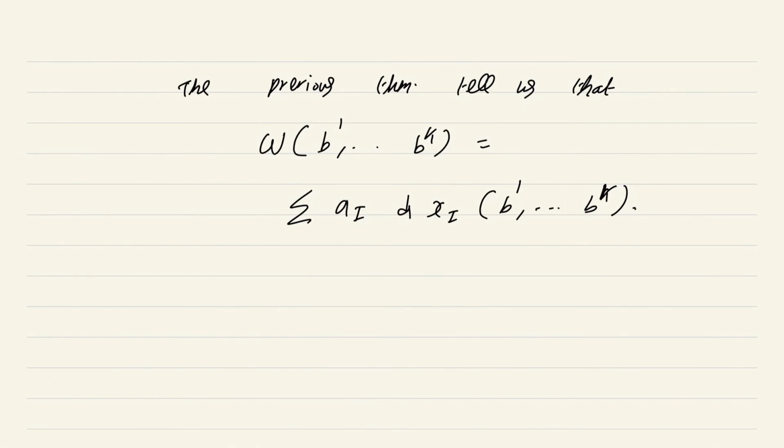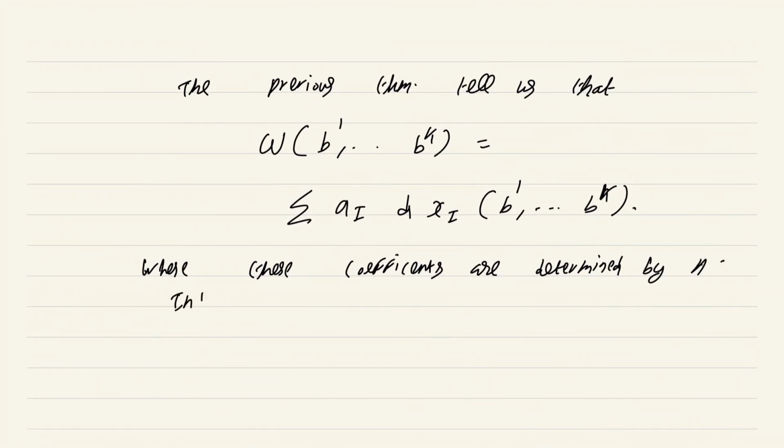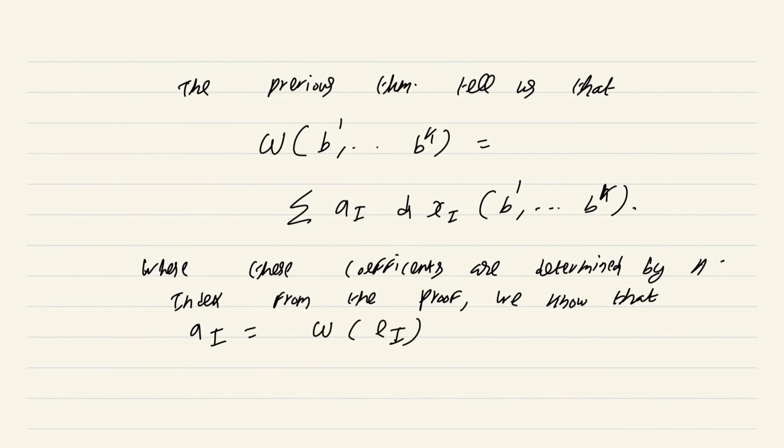The e_I stars in Rn are nothing but dx_I, where these coefficients are determined by the matrix A. Indeed, from the proof, we know that a_I is nothing but omega of e_I, which is nothing but determinant of A e_I.